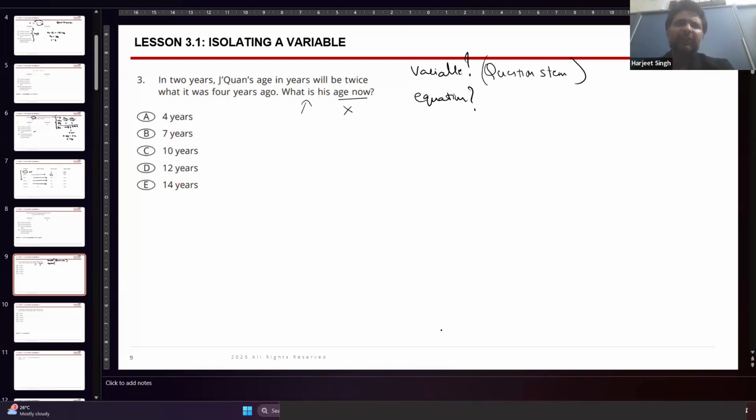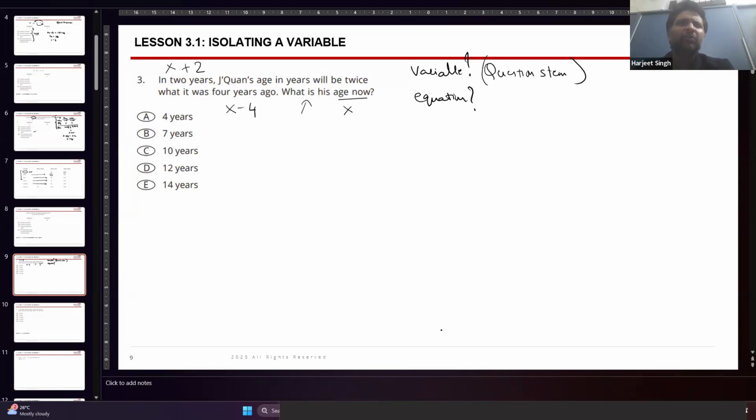Now the equation. In 2 years means in the future, so plus 2, which is X plus 2, because X is the age now. Yuan's age will be twice what it was 4 years back. If the age is X today, 4 years back is X minus 4.